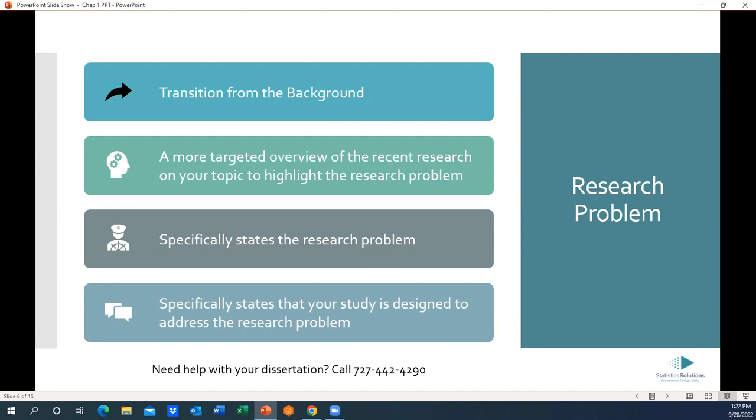So get an example from your school, from your chair. ProQuest, through your school's library, publishes dissertations. Get one from your school, as close to your discipline as possible, maybe even one of your chair's old dissertations that went through your chair and they approved. Sometimes they'll give them to you as examples if you ask them.